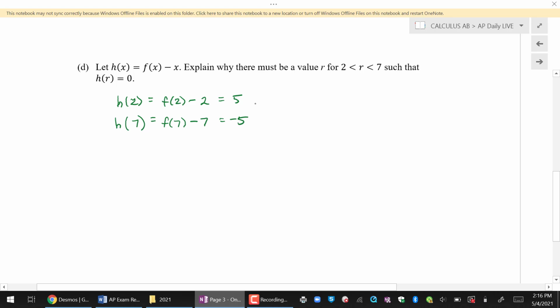Notice this, to go from 5 to negative 5, I've got to cross 0 somewhere because h is a composition of continuous functions. Itself is also continuous.